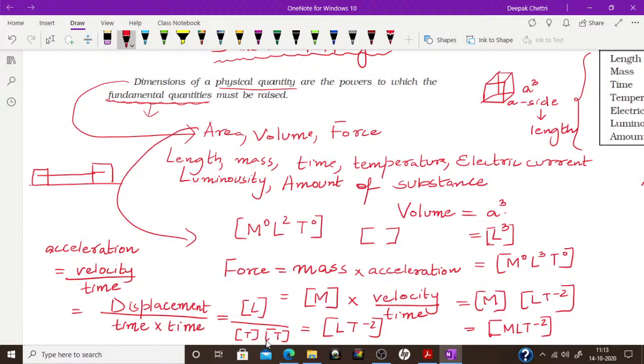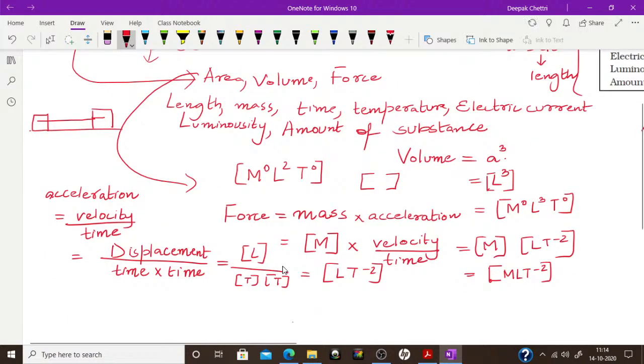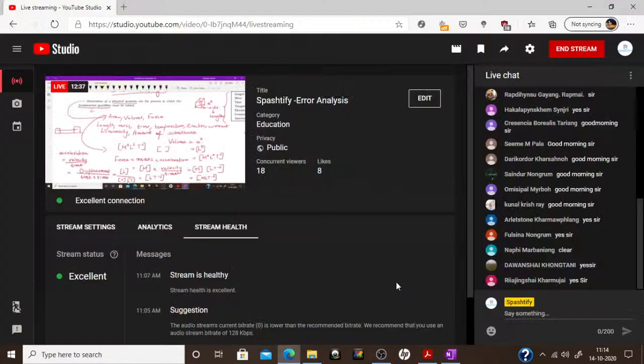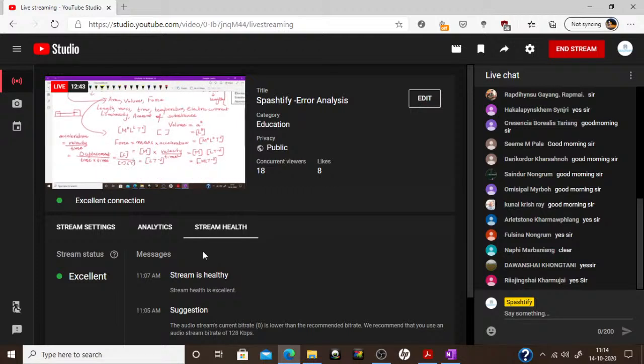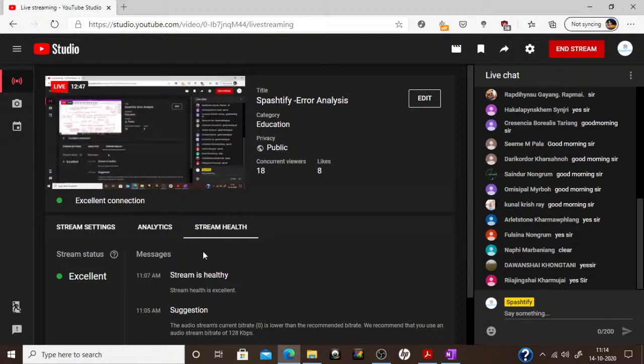Is it clear, yes or no? Is the dimension of force clear? If there is any doubt, just write it in the comment box.